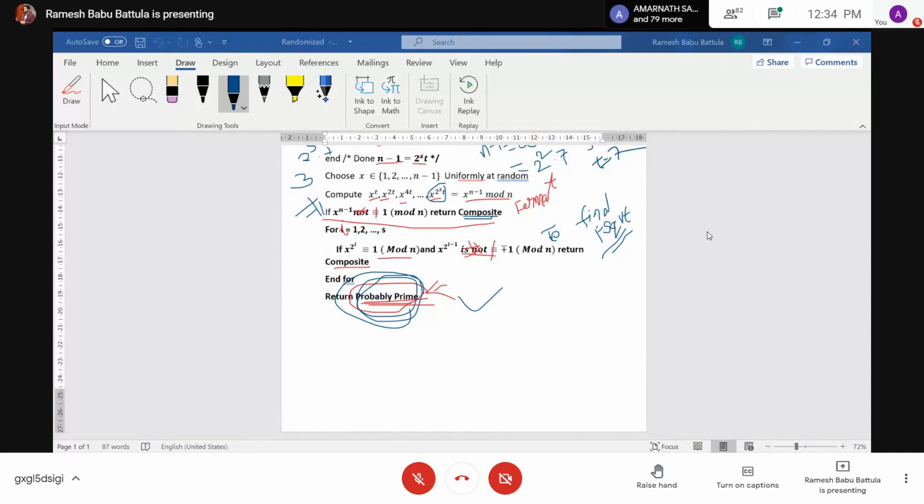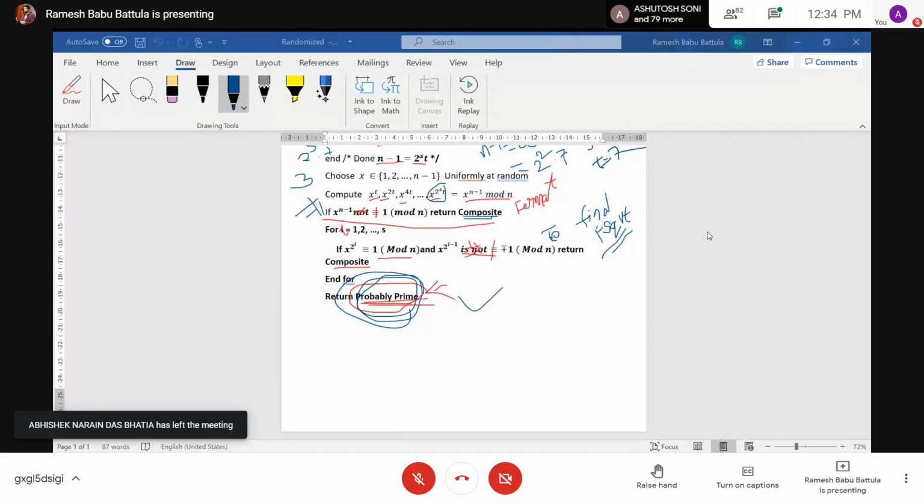That is the beauty of the Chinese remainder theorem. Are you getting my point? This is an unknown number, but all these remainders are telling about that unknown number only.